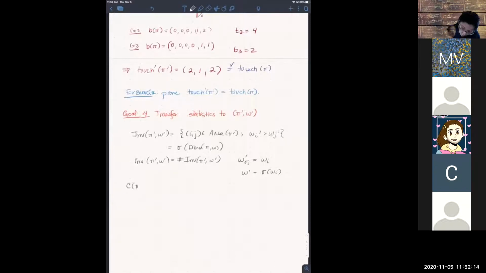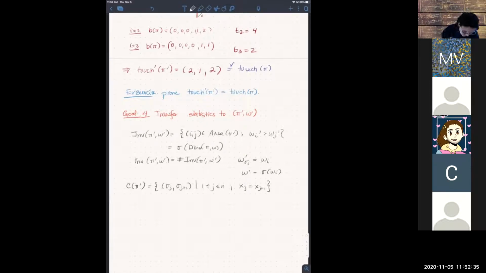We're going to define the corners of pi prime. So the corners of pi prime are going to be the pair sigma j plus 1, such that our co-area sequence is the same on those points. So these are known as the corners.